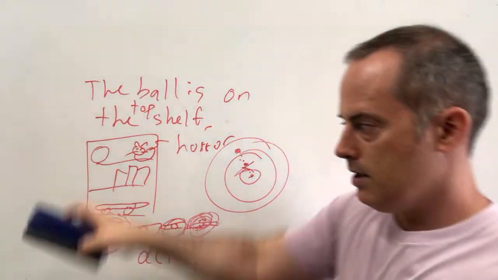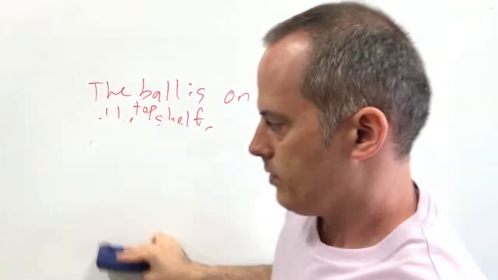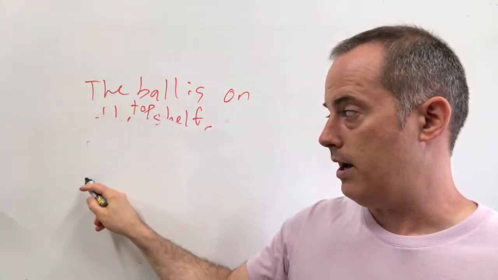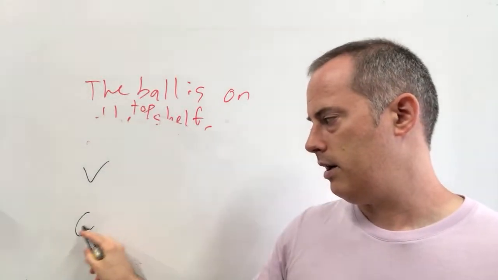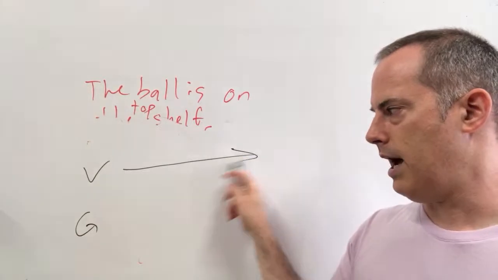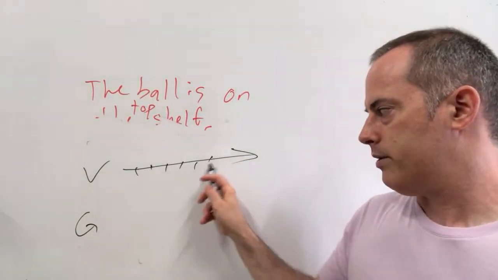I need a new visual example for people to explain this. So often we'll just put a V here for vocabulary and a G here for grammar. And people like learning lots of vocabulary. They're always interested in learning more words. I want to know more and more and more.